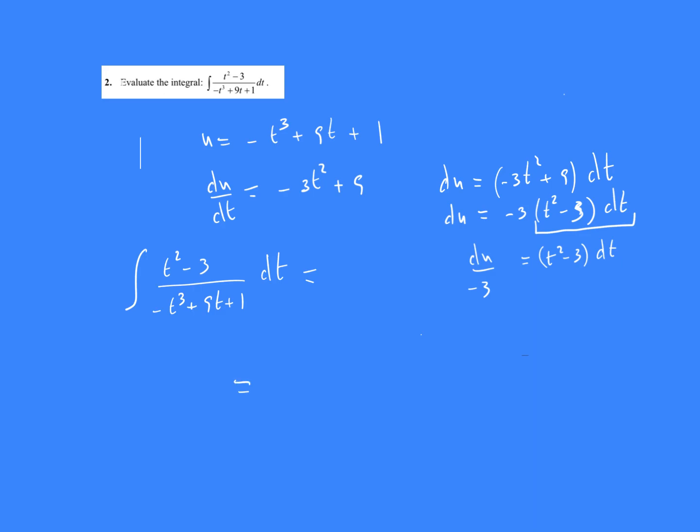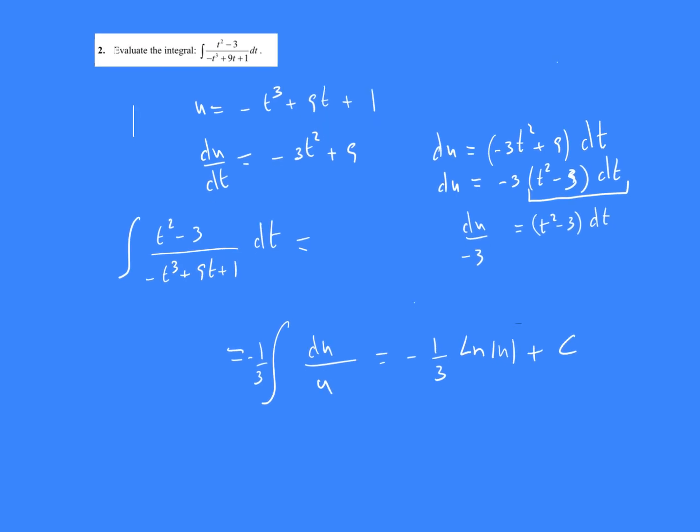So this integral will be minus 1/3 times the integral of du divided by u. And this is minus 1/3 times the natural log of u, plus c.